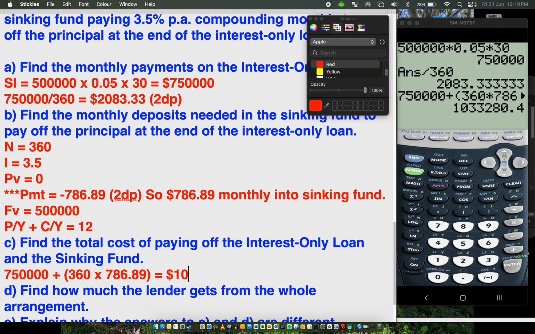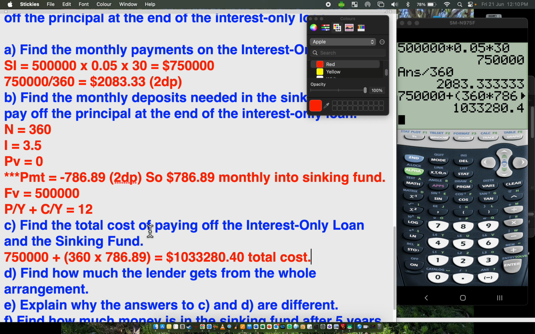So it's going to cost me $1,033,280.40 total cost. So a couple of moments to get that down. So that's what it's going to cost me as the home loan person, the borrower, to deal with this situation.